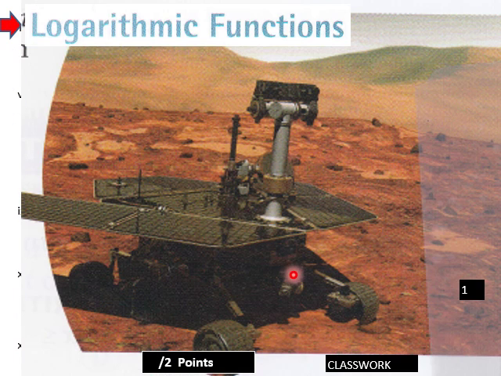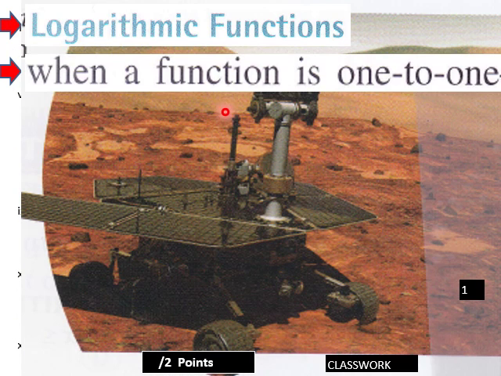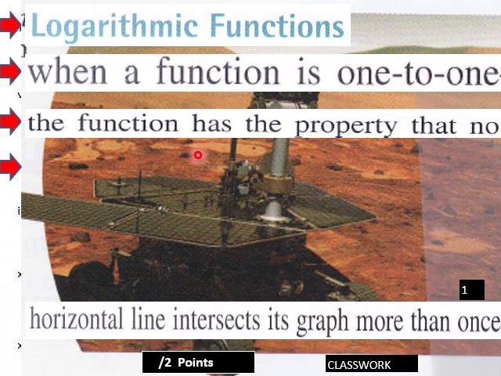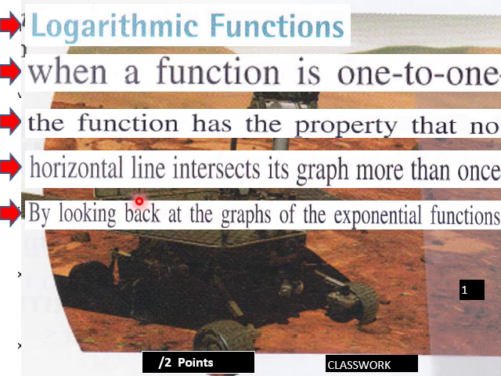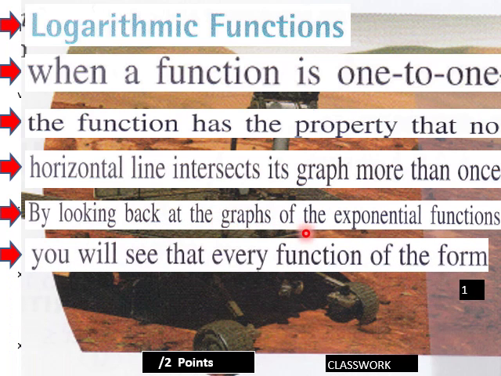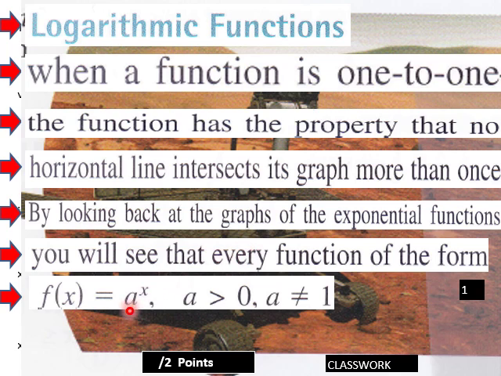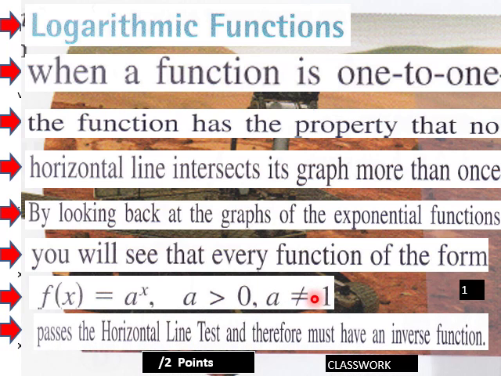Okay, into our lesson today, logarithmic functions, page 1. When a function is 1 to 1, the function has a property that no horizontal line intersects its graph more than once. By looking back at the graphs of the exponential functions, you will see that every function of the form f of x equals a to the x, a greater than 0 and a cannot equal 1, is 1 to 1, passes a horizontal line test.